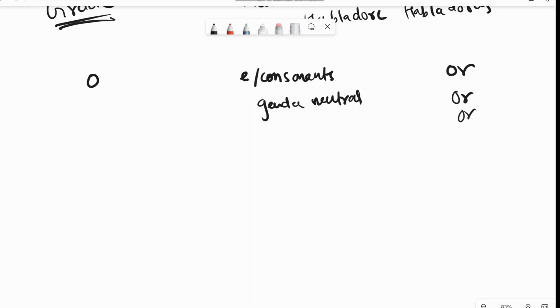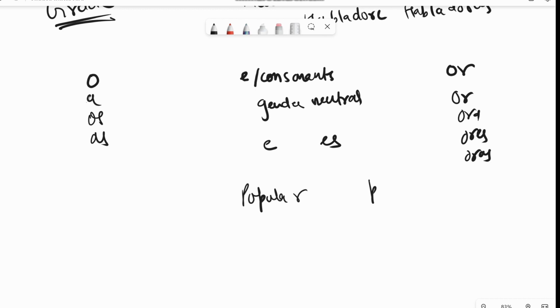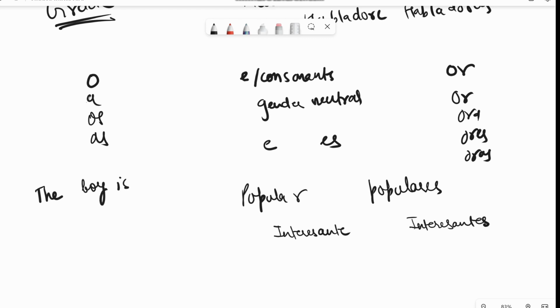Here you have four forms, or, ora, ores, oras. Again, here you have four forms, o, a, os, as. And here you only have two forms, a singular and es. So popular, populares. Interesante, interesantes. Now, how would you say the boy is mad?